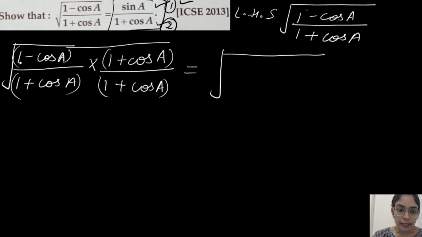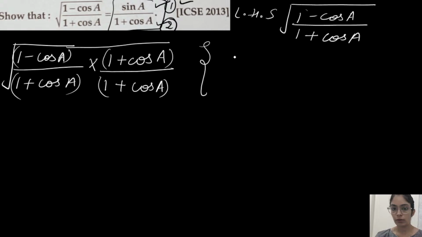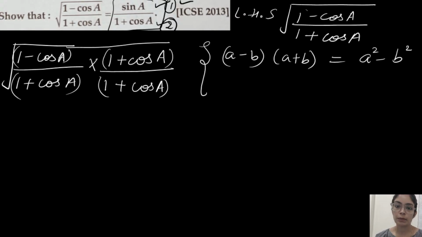Now next what we will get, see when you multiply same into same, first of all here A minus B, here we will get identities. If you see the numerator expression, it is 1 minus cos A into 1 plus cos A. So it is this form now. Whenever you are doing rationalization, you will always get this form, A minus B into A plus B. So this identity we have to use here. Identity is A square minus B square.